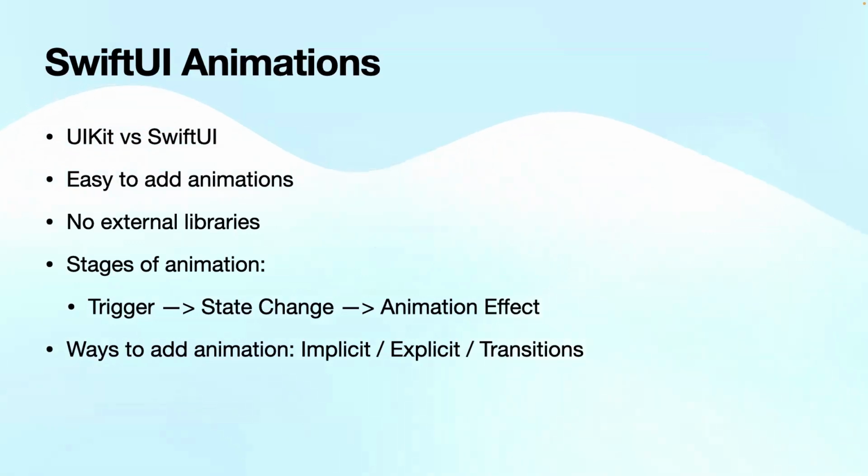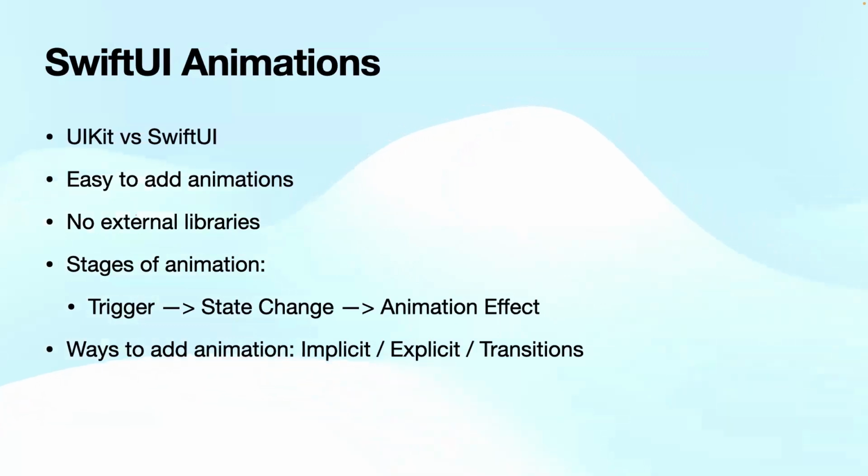Everything is built in. And there are three different stages of animations here: trigger, state change, and animation effect. A trigger is something like a button click, a value change, or an event like a view appearing on the screen. That will trigger the state change, and the state change will cause a property change in the view.